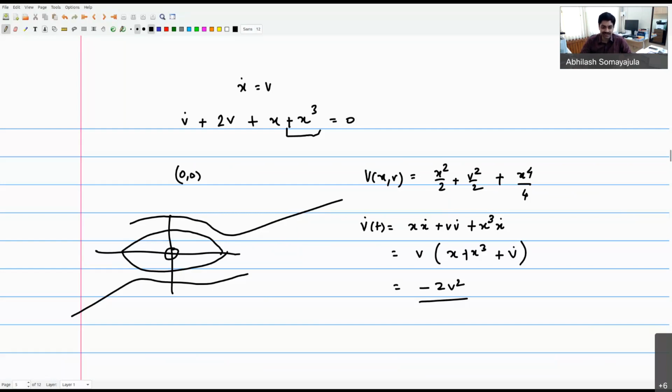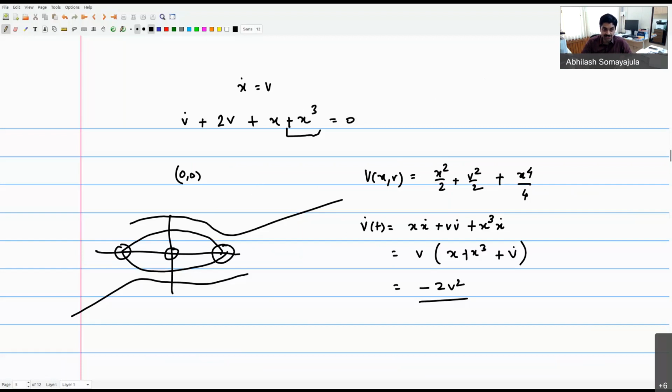So that's the idea. The moment when I put x plus x cube, then what happened? You see, when I had x minus x cube, there were three equilibrium points. One at minus 1, 0, one at 1, 0, and 0, 0. Correct?